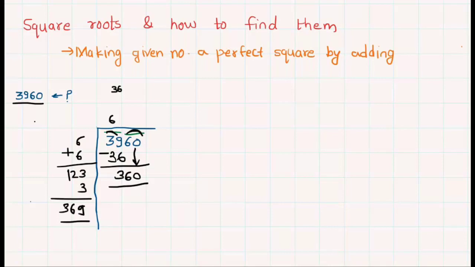So what do we do? We use the previous trial number. What was our previous trial digit? It was 2. And we write the same digit over here. Now this is the nearest square root to the square root of this given number.